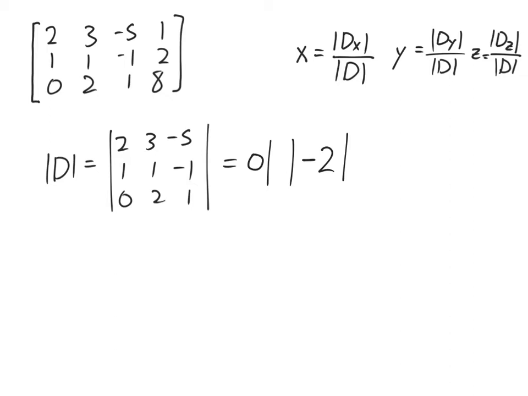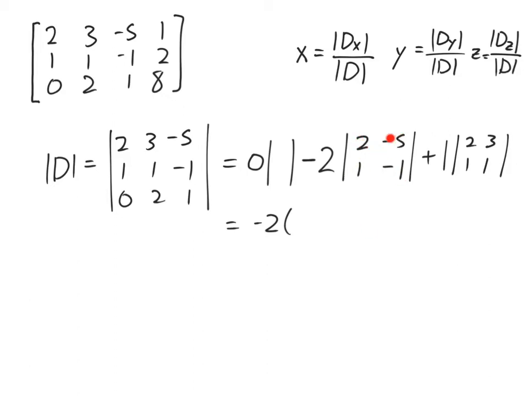So 2, negative 5, 1, negative 1. And then I'm going to add 1 times its minor, which is going to be 2, 3, 1, 1. So this gives me 0 minus 2 multiplied by this determinant, which is going to be negative 2 minus a negative 5.